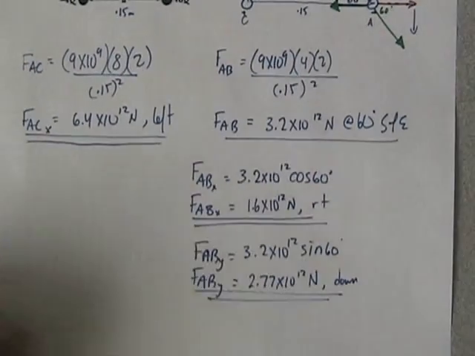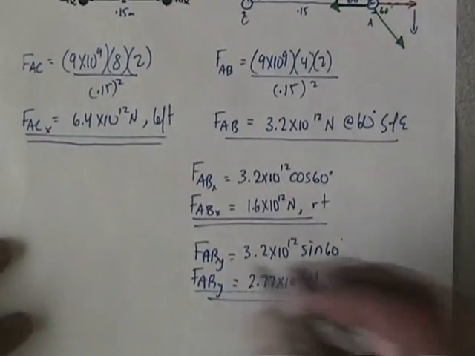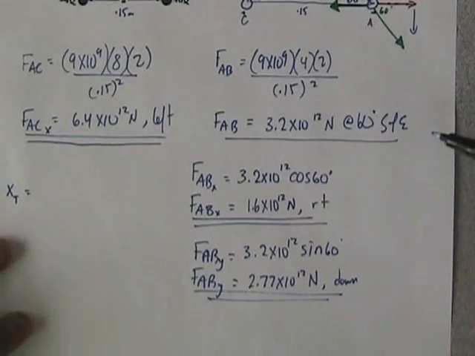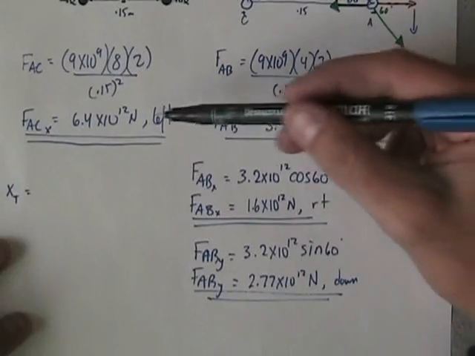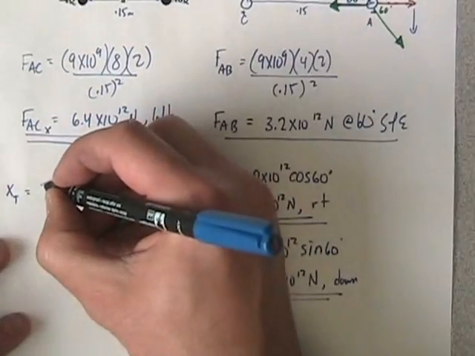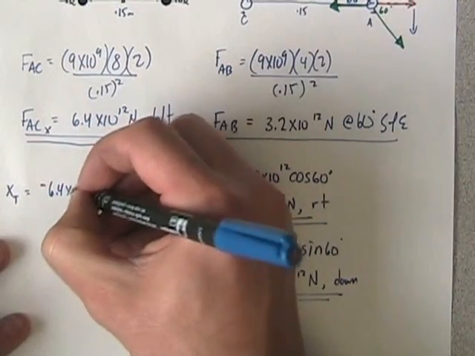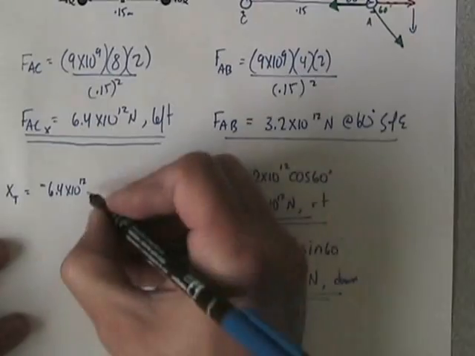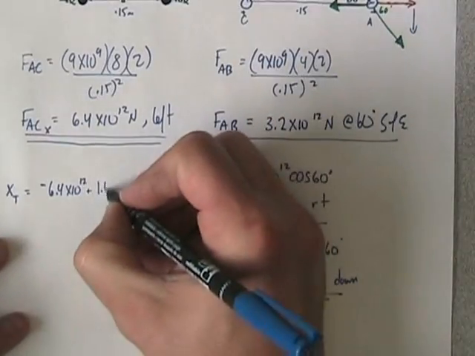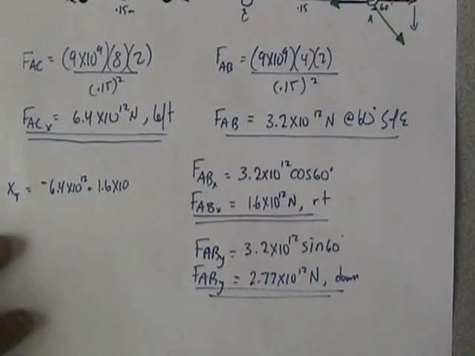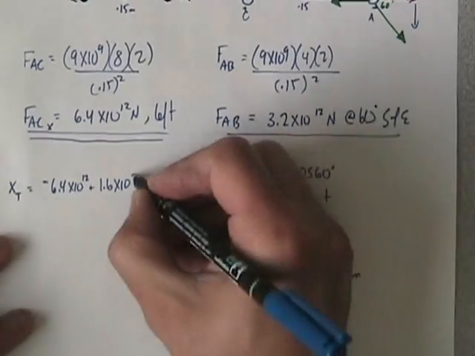I'm not going to do a sketch yet. I want to find my xt. So I'm going to add all my x's together. That is 6.4 times 10 to the 12th. It's left, so I'm going to call that left by just calling it negative, 6.4 times 10 to the 12th. And then this one's to the right, so I'll add it to 1.6 times 10 to the 12.